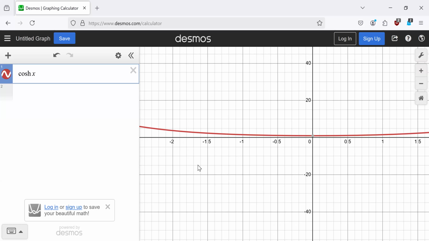So we can take the sine and the cosine of complex and imaginary numbers, or at least of purely imaginary numbers, using the hyperbolic sine and the hyperbolic cosine. Again, this is not something you could do with the standard definition of the sine and the cosine in terms of the unit circle.